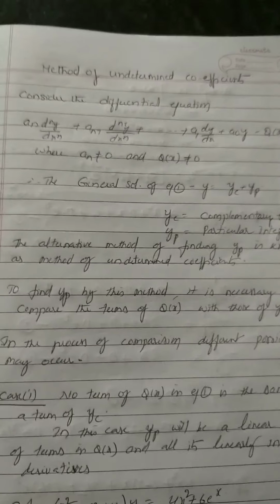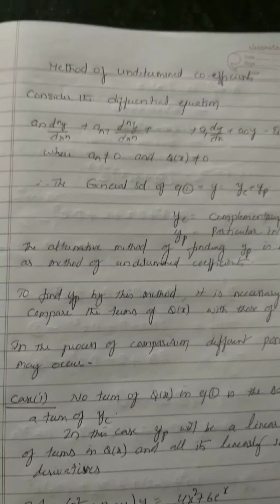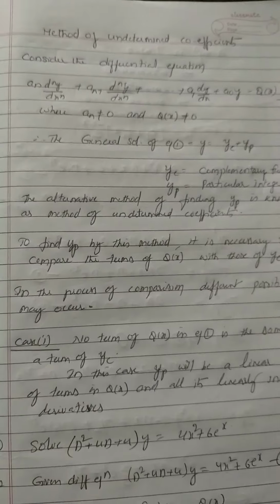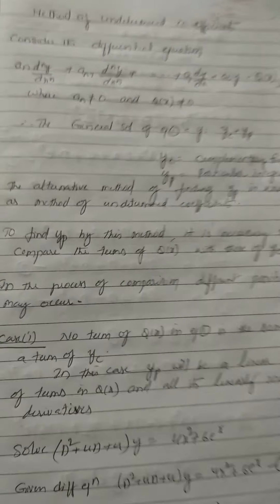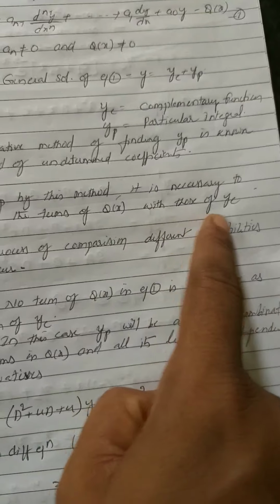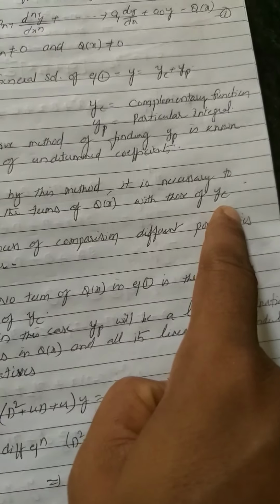Now there are a number of methods to find the particular integral. It depends upon q of x. In the method of undetermined coefficients, how do we find a particular integral, right? To find yp by this method, it is necessary to compare the terms of q of x with the terms of yc, right?